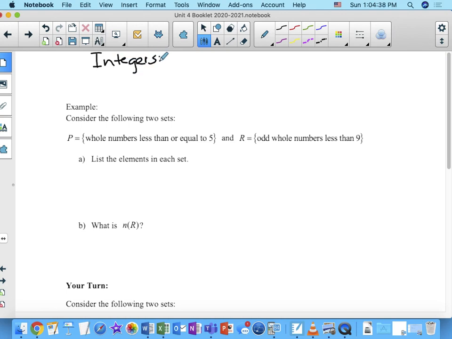Integers are like positive and negative whole numbers, so no fractions or decimals, but like -3, -2, -1, 0, 1, 2, 3, and then it keeps going in either direction, right? So like -1.2 is not an integer because it has a decimal part, but negative numbers can be integers, those are fine.